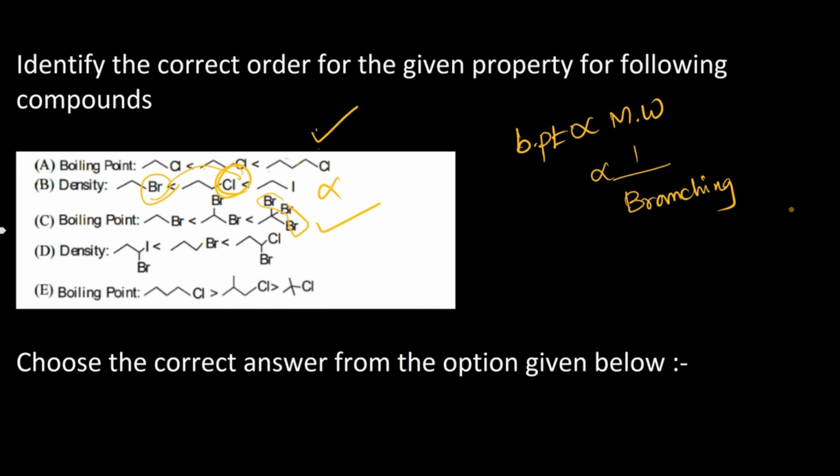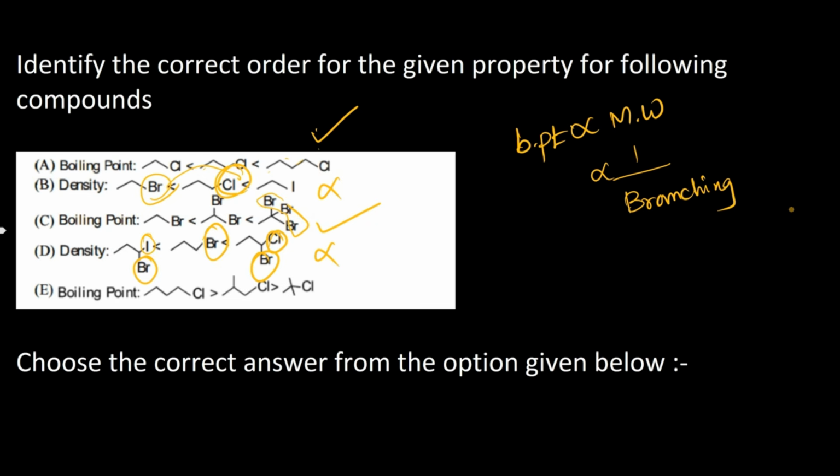And density, again I have iodo and bromo, bromo and chloro and bromo. This is not right because chloro, bromo is there, and here I have only bromo, bromo and iodo. Its order shouldn't be like this.